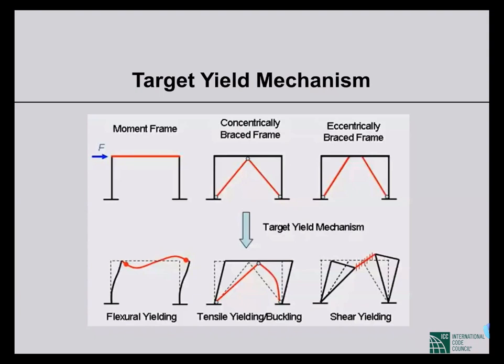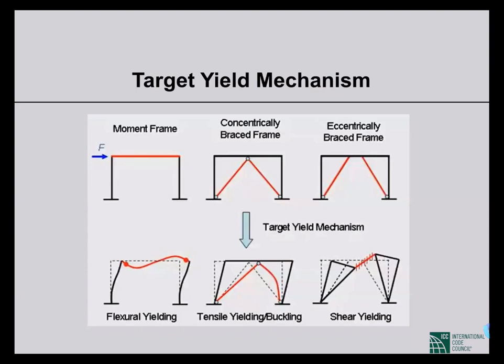Now, when we want energy dissipation, we want to make sure that we induce the type of internal forces in the fuse which actually dissipates energy. So, for example, we don't want it to fail in a brittle manner. We want it to fail in a ductile manner: while it yields, it dissipates energy, but it doesn't fail in a brittle manner.